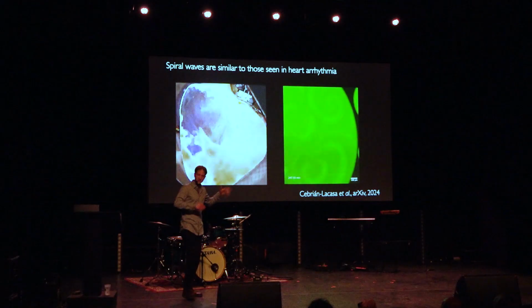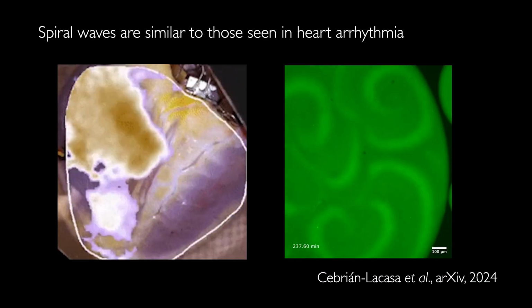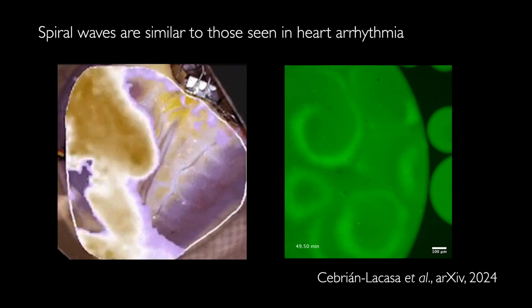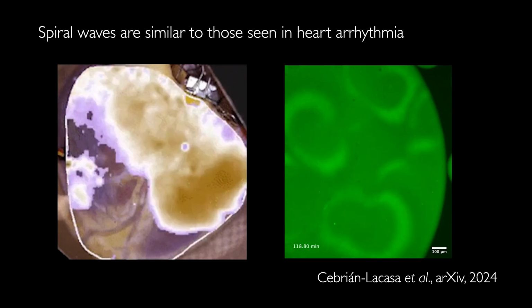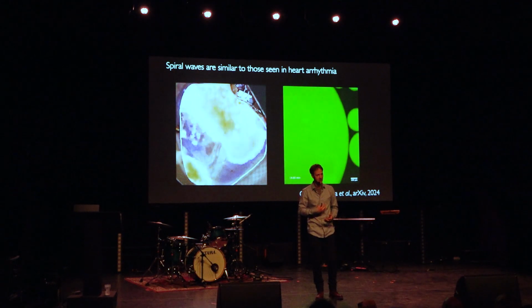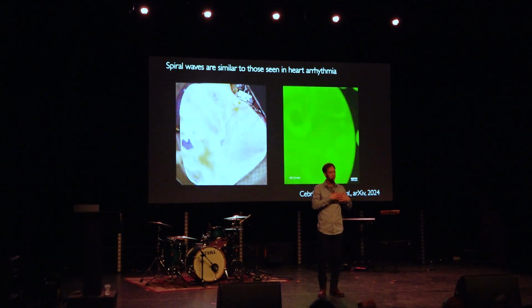Again, the heart, because I think it's a nice analogy. If you look at the heart, you can also get these spiral waves of electrical activity, and that's not good. That's basically associated to heart arrhythmia that you can have. You're disrupting the typical coordinated pattern of a beating heart, and when you have these spirals, they self-sustain and they mess around with the proper coordination of the beating and the pumping of your heart.